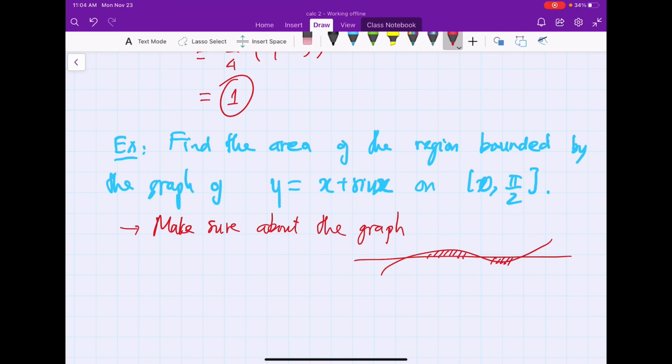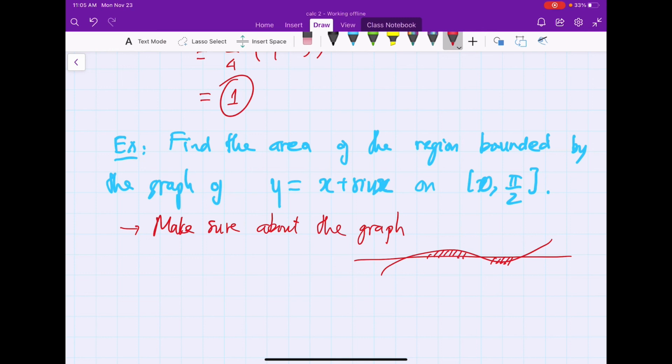Sometimes we need to consider the function on different intervals. So we need to make sure about the graph, whether it is above or under the x-axis. I tell you again, without this step you get only half of the credit, even if you get the correct answer.